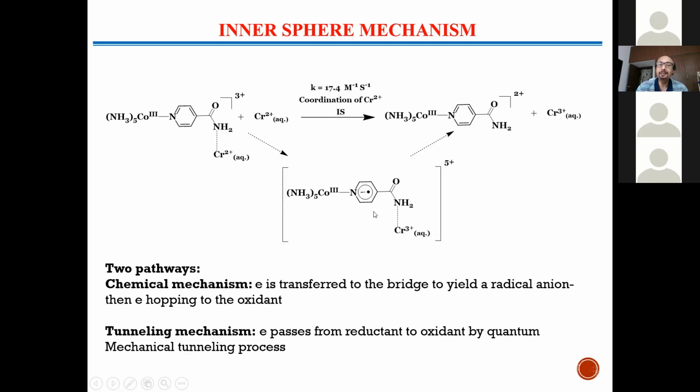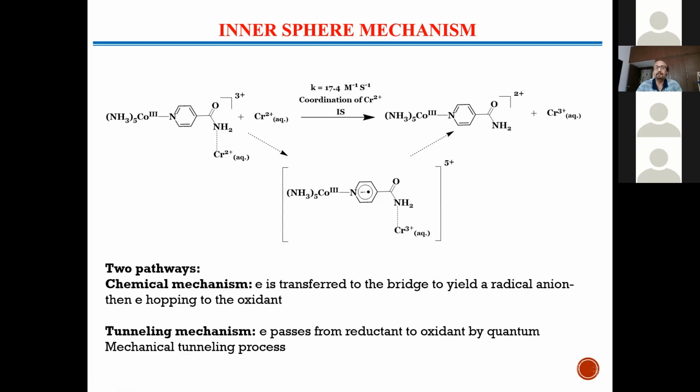Okay, that is the intermediate state, and then this electron will come over here and reduce it to cobalt 2, and it will dissociate to chromium as chromium 3 plus. And how did they figure it out? You can figure out the presence of this radical by trapping this molecule with a spectroscopic technique.